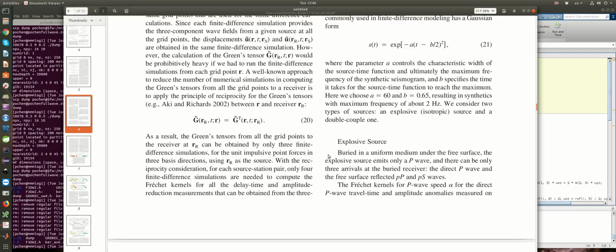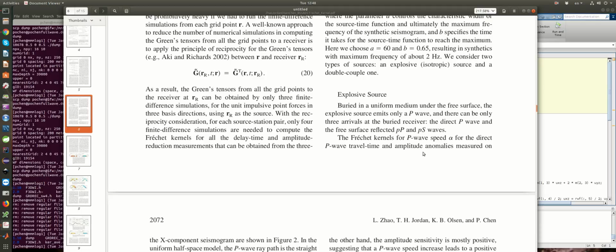But in this example, we're not really computing the nine components of the Green's tensor. Instead, we're going to compute the synthetic seismograms. The synthetic seismograms are basically just a moment tensor convolved with the gradient of the Green's tensor, right? The gradient of the Green's tensor is actually the strain field.